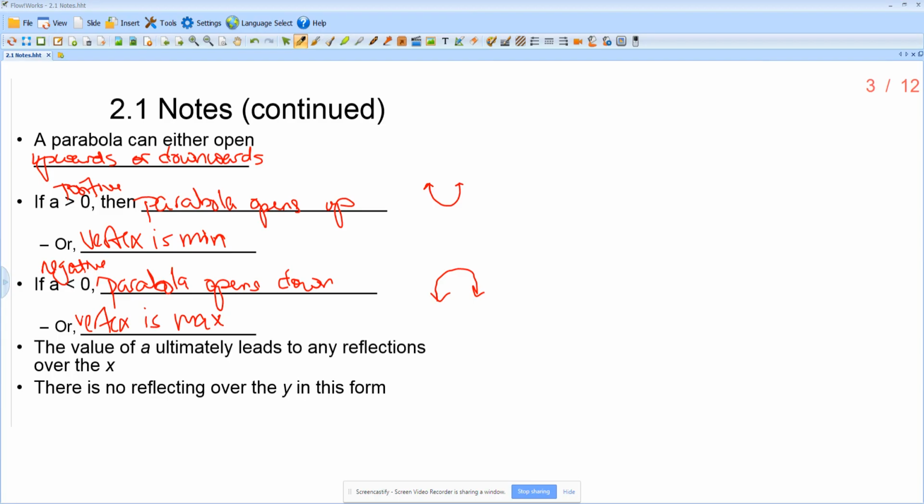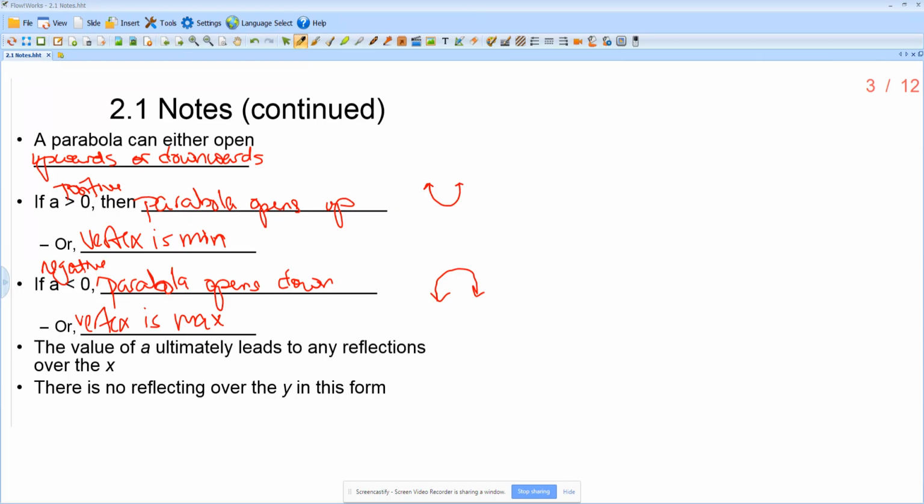So the value of a ultimately leads to any reflections over the x-axis. Because if a is positive, we just have a regular parabola. If a is negative, what's happening is I'm reflecting this downward over the x-axis.